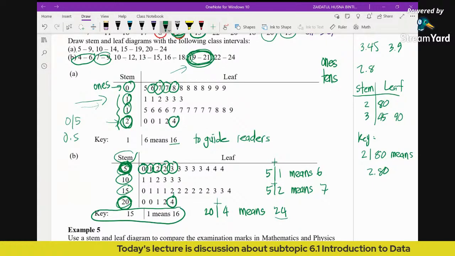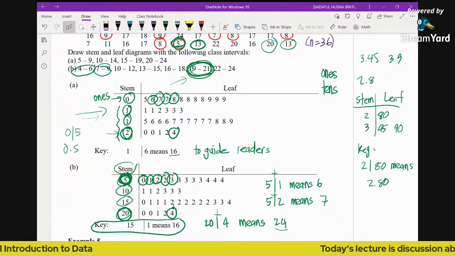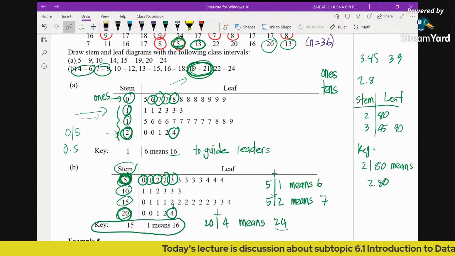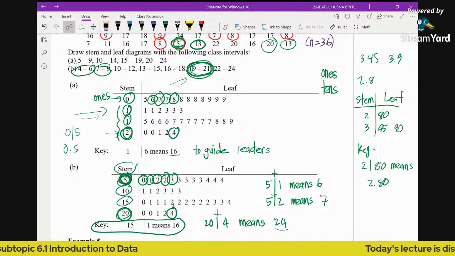Okay, so you can see from this example that one particular set of data can be represented using two different stem and leaf diagrams. So it is very subjective to the statisticians or to the person who analyzes the data. So it depends on you on how you want to represent your data.